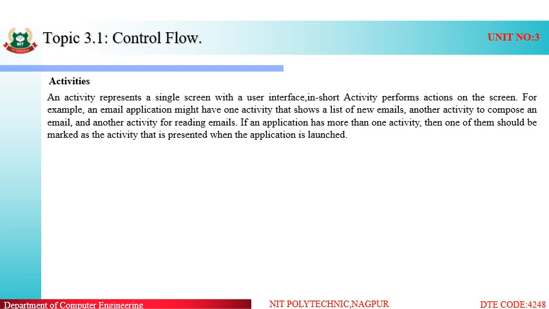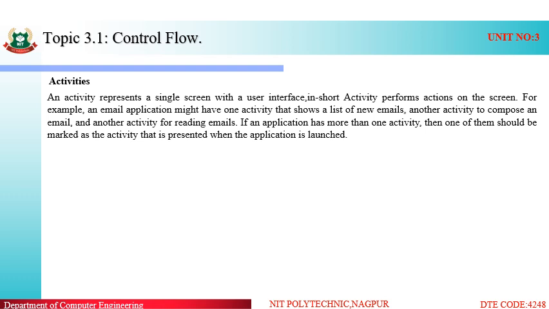Another activity will show how to compose, or if we click the compose button, it will compose the email. So different activities are placed inside an application. So activity is nothing but a single user interface screen with which the user will interact.